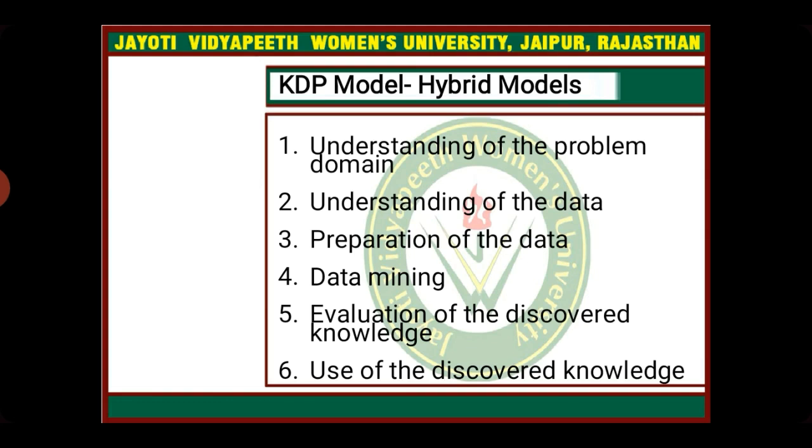Sixth is from evaluation of the discovered knowledge to understanding of the problem domain. The most common cause for this loop is invalidity of the discovered knowledge.